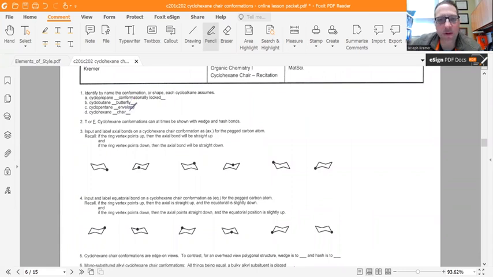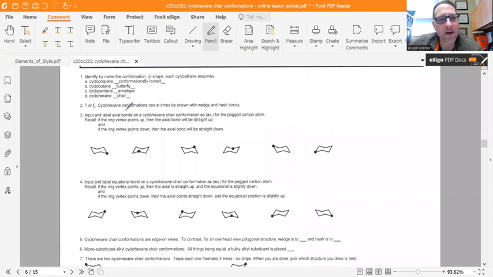Okay, so number 1 on this recitation sheet, identify by name the shape each cycloalkane assumes. Cycloalkanes can have torsional strain due to eclipsed bonds, electron-electron repulsions, or ring strain. The angles are too pinched.